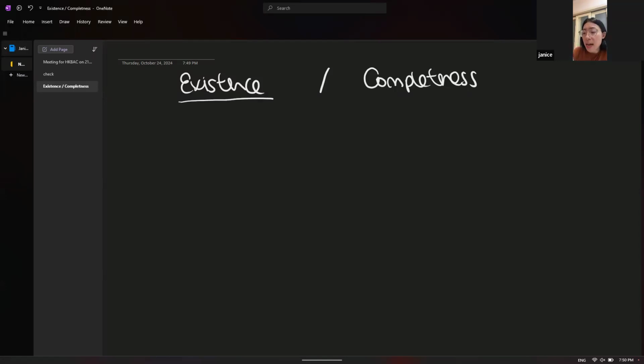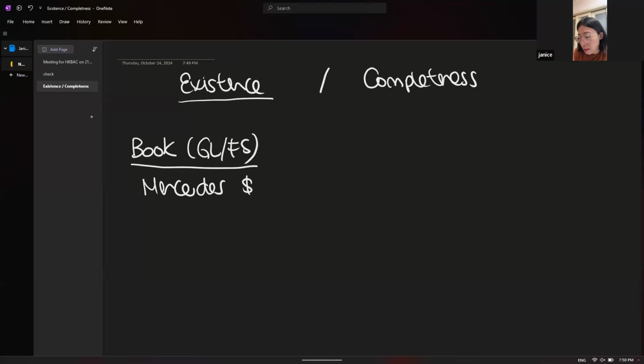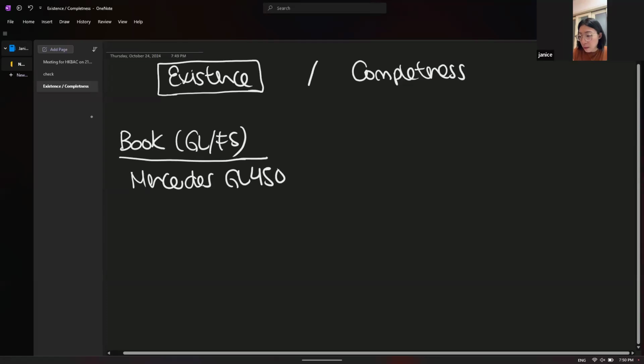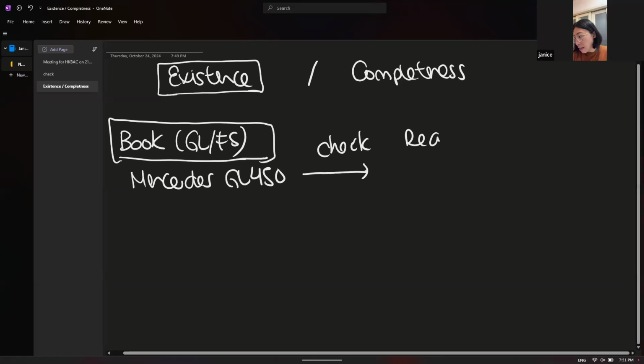When we say that it exists, it's that if the client in their book, meaning in their general ledger, in their financial statement, says that they have a Mercedes, for example, a Mercedes GL 4550, and I want to make sure it exists, if it's in the book, we have a Mercedes, I will go check in reality if we see that car, right?